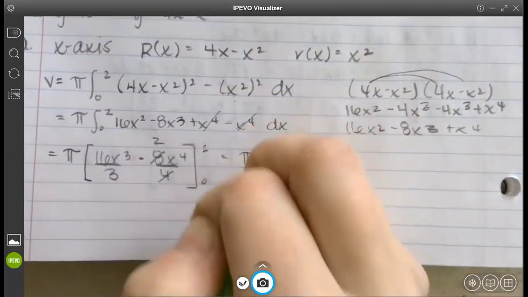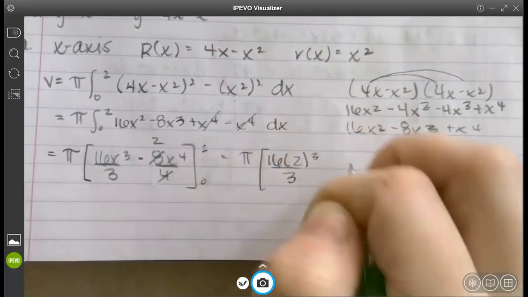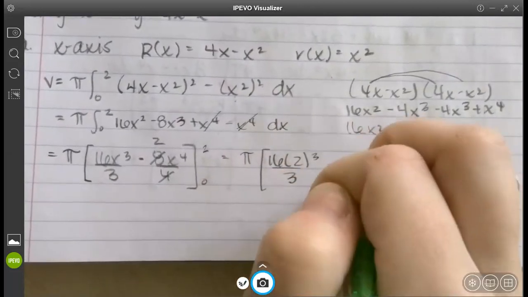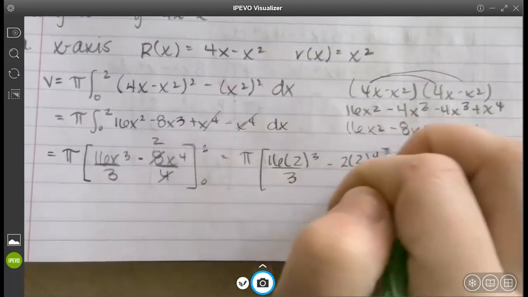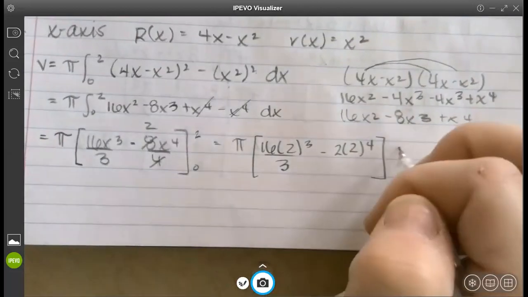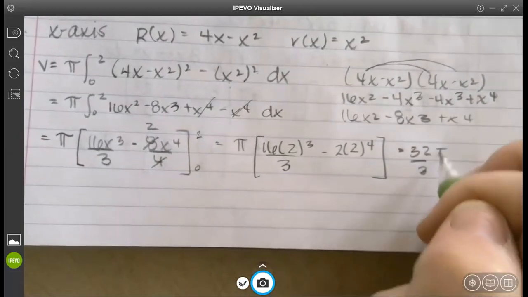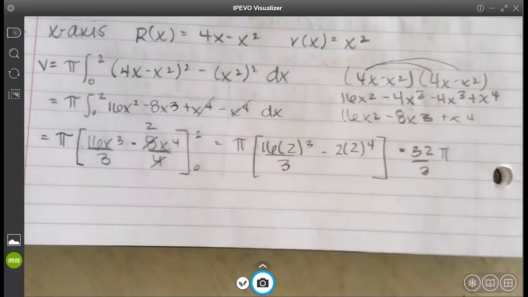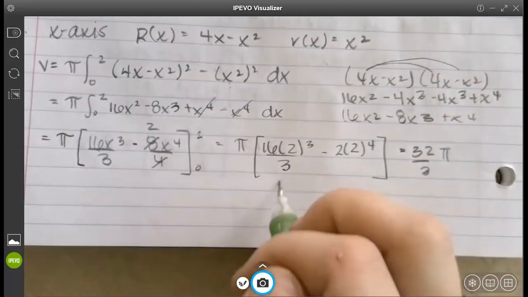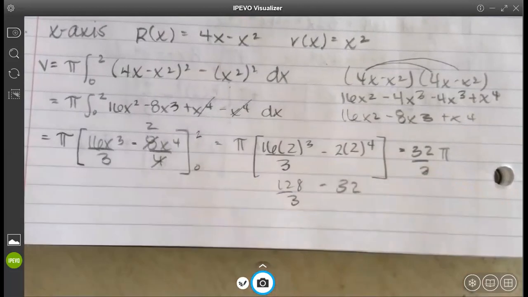So pi times 16 times 2 to the third over 3 minus 2 times 2 to the fourth. And when you plug that into your calculator, you keep getting off 32 over 3. It'll be 128 over 3 minus 32.